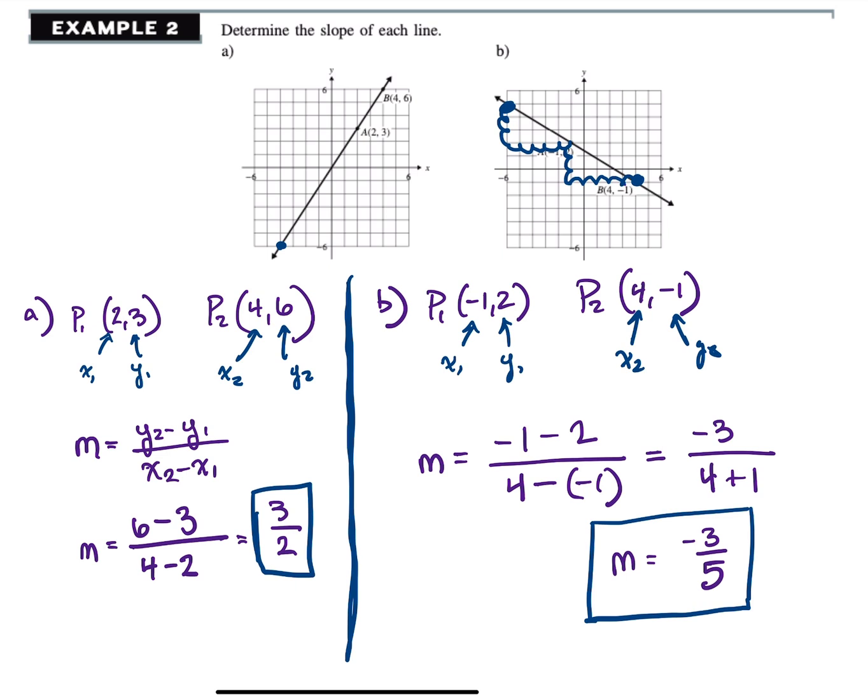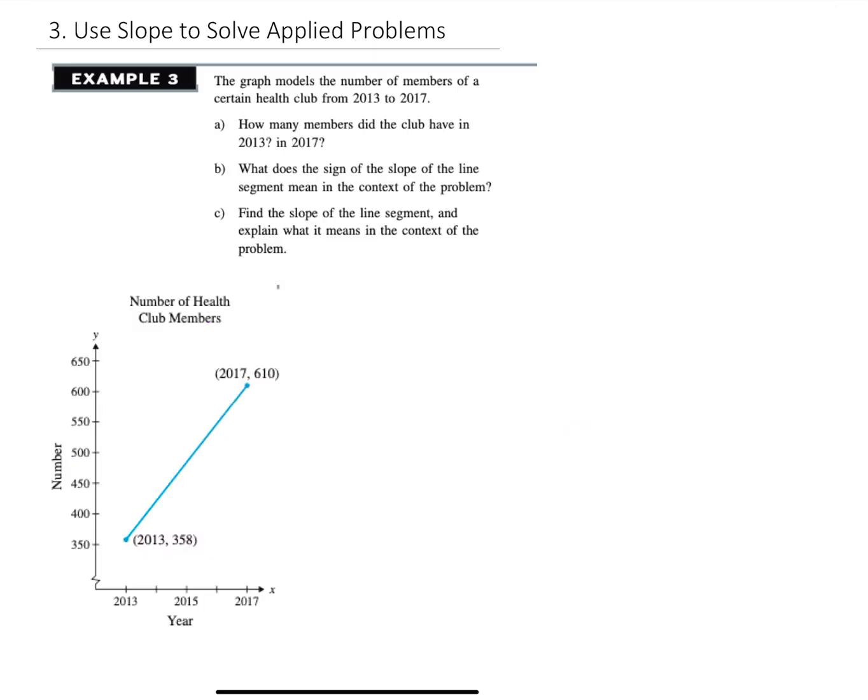All right, let's look at some application of this. So this says the graph models the number of members of a certain health club from 2013 to 2017. Part A asks, how many members did the club have in 2013?